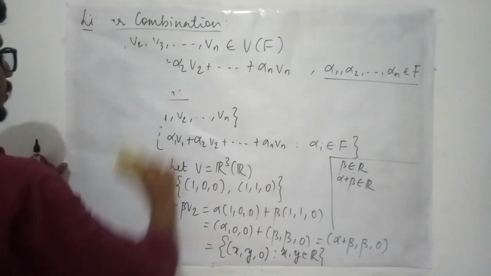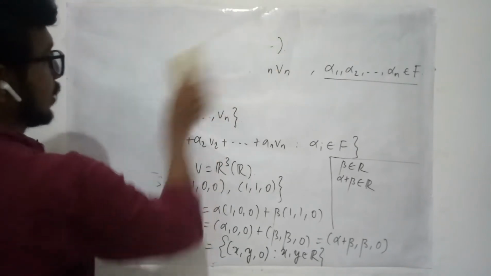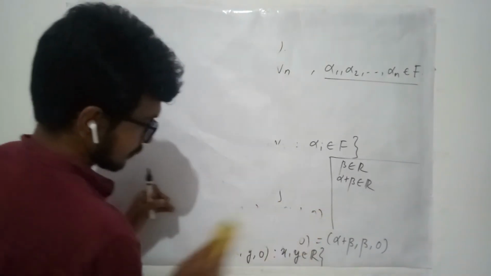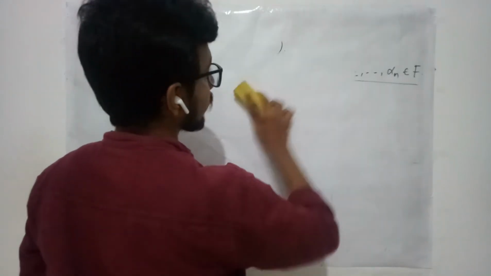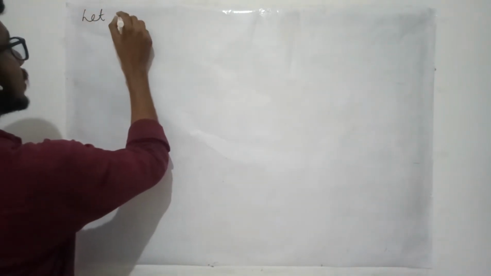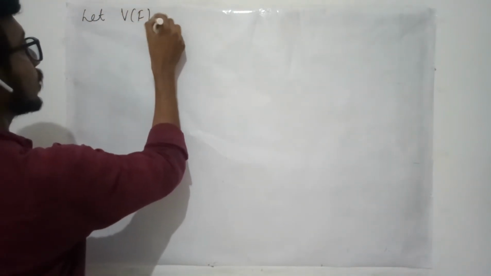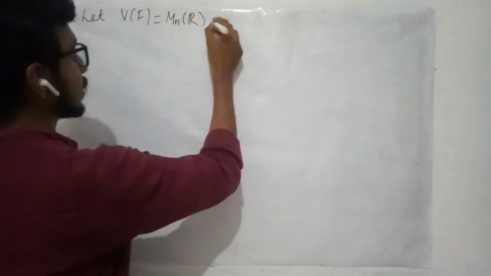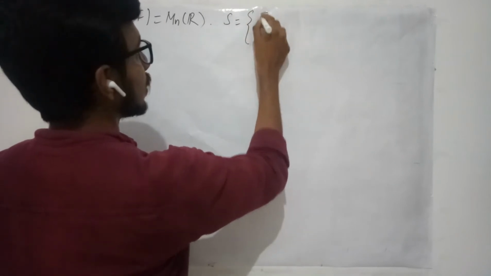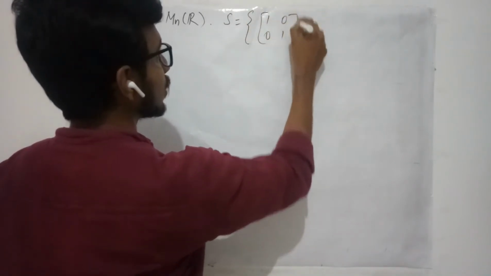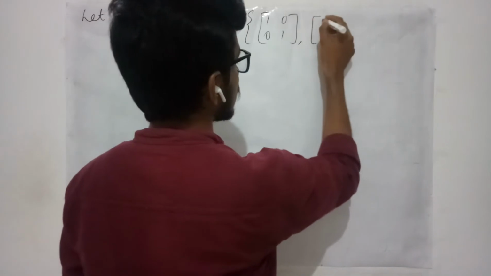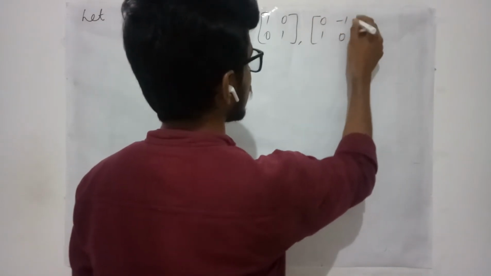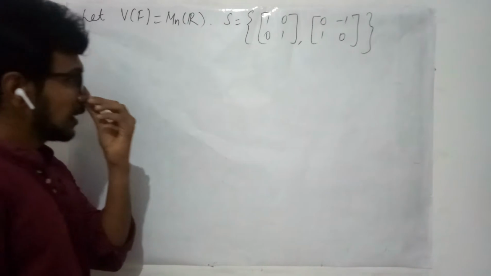Let us see a few more examples in many other spaces. Let us take V over F to be the set of all real matrices, in particular M2 of R. Let us consider S to be the matrices [1, 0; 0, 1] and [0, -1; 1, 0].